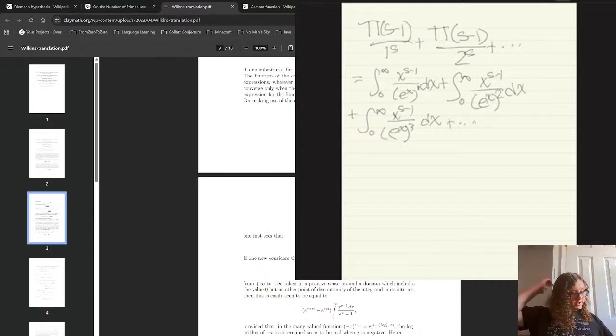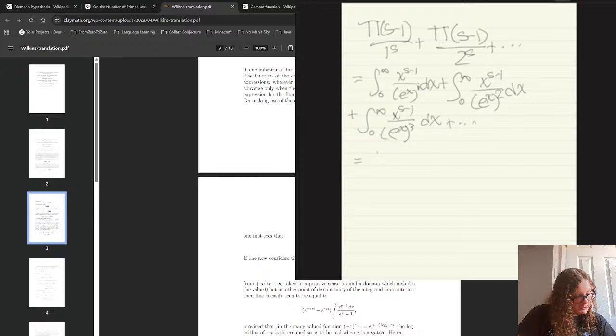Since these integrals have the same bounds and we're integrating over the same variable, we can actually combine them.